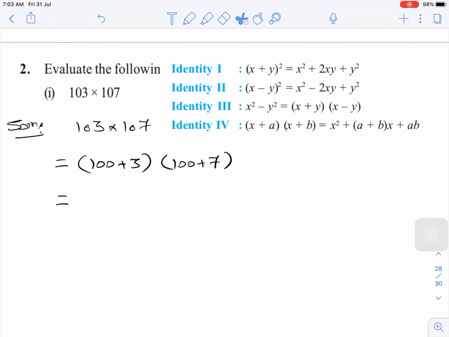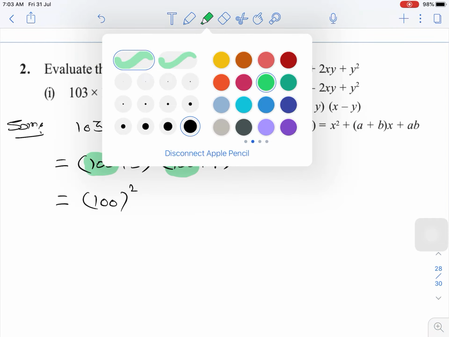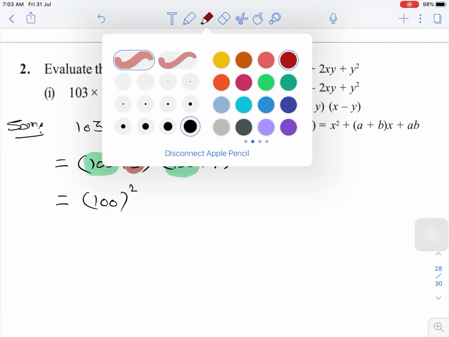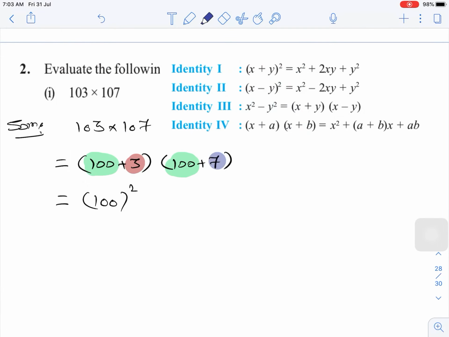Okay, so now what we will do, first term square. So who is our first term? 100 square. Okay, let me make it easier for you. I am just highlighting the first term with this green color and the remaining terms with red and blue color. These are not common.